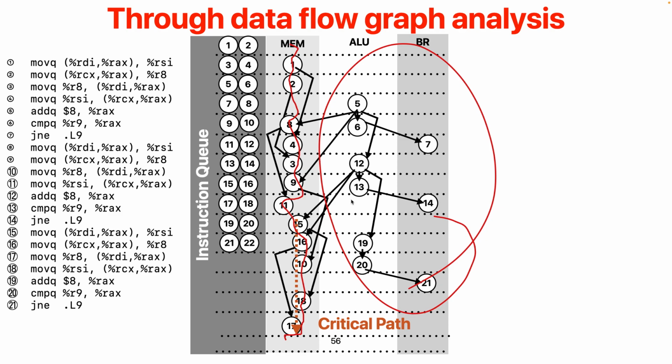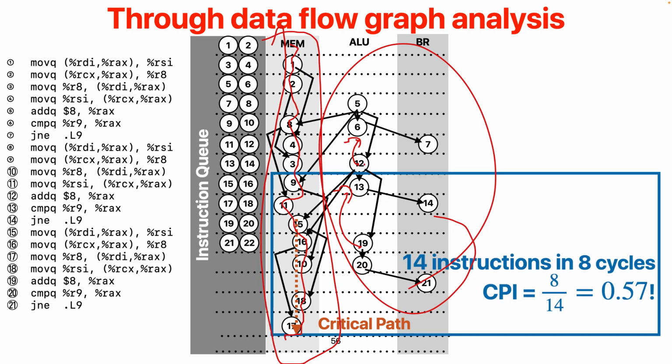But for this part, even if I can move 12 faster, even if I can move 19 faster, does that improve my performance at all? Not at all. So only this part is critical to my performance. So that's the critical path of execution. So if you want to count the CPI, one of the very first things is that there are several ways you can count the CPI of your program.